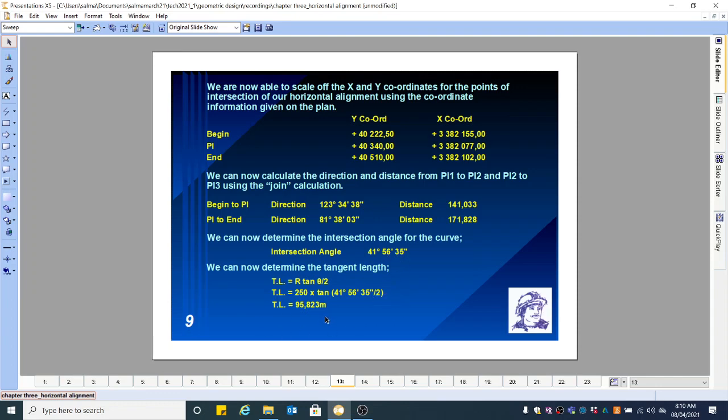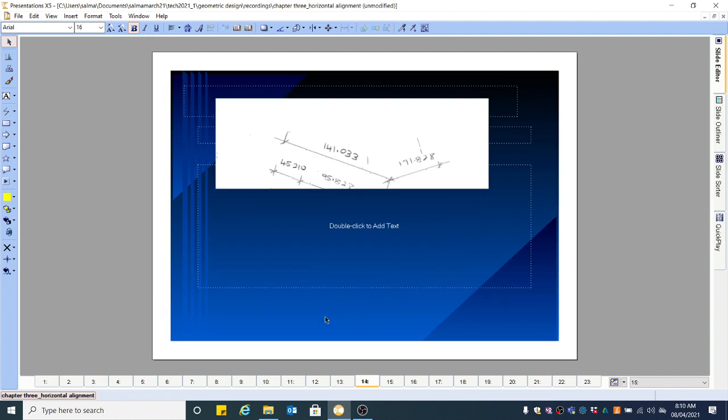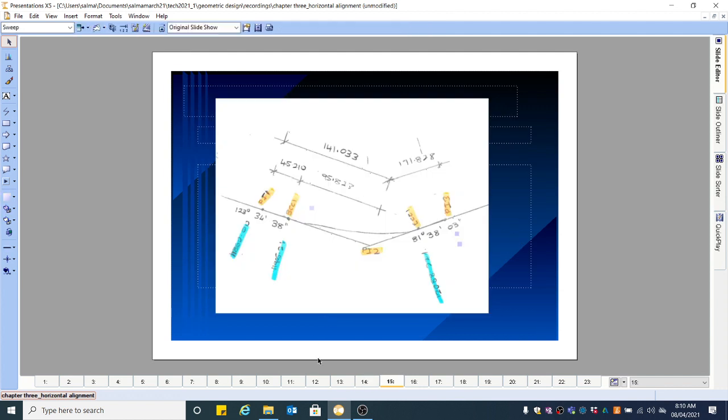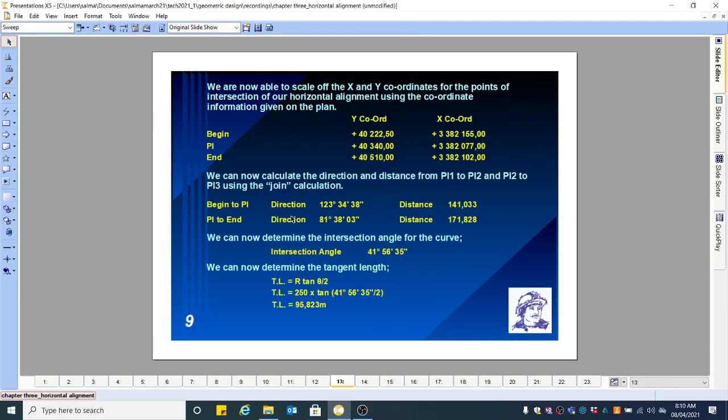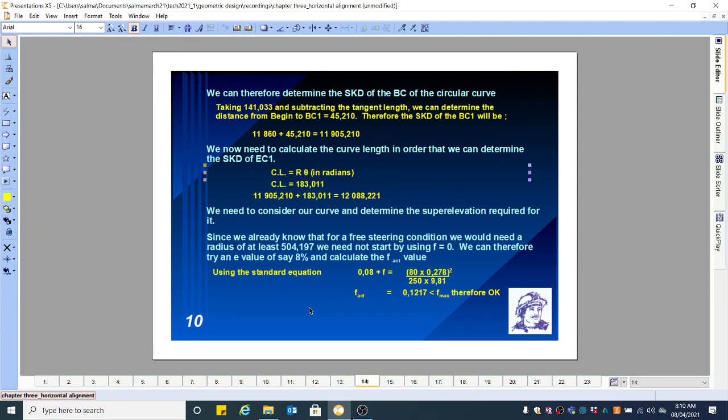We get a tangent length of 95.823. So what's 95.823? 95.823 is the tangent length, which means it's the distance from the PI to the BCC. So that's the 95.823 that we calculated.